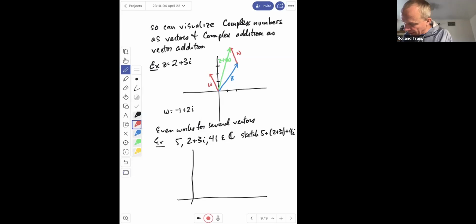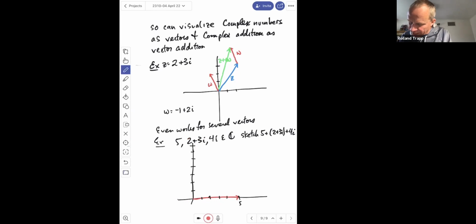So 5 is just the vector that goes out 5 units: 1, 2, 3, 4, 5 units. And then 2 plus 3i we already did, so let me go 1, 2, 3, 4, and just for fun, 5, 6, 7. So the real numbers correspond to horizontal vectors, just vectors on the x-axis.